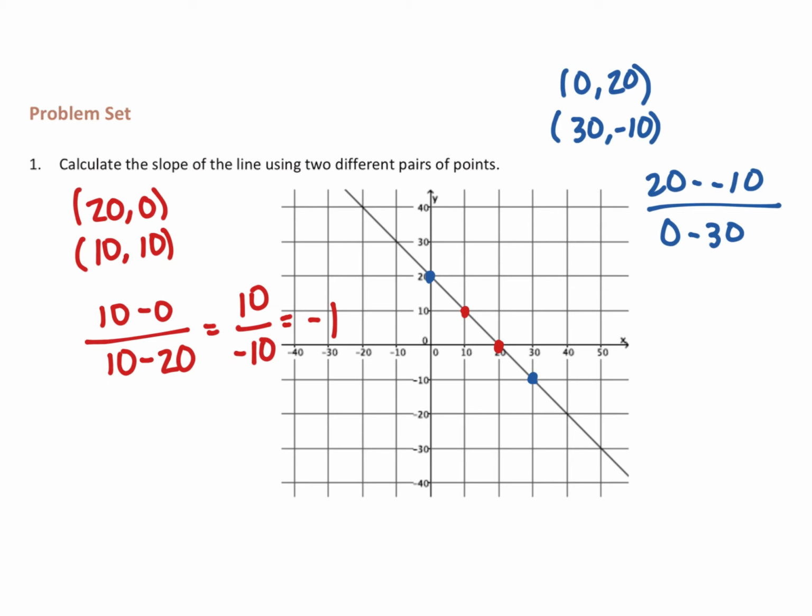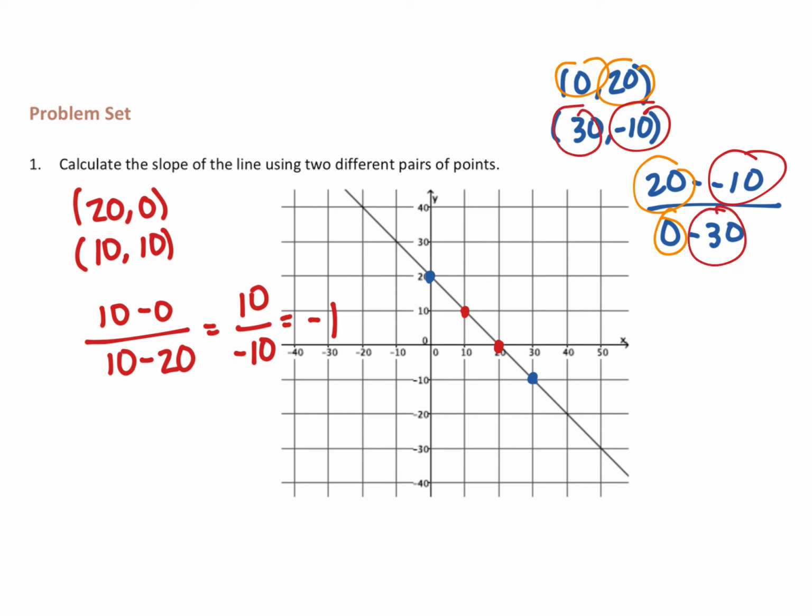So let's look at it like this. Here I have the 20, which is the top value, and then the 0, which is also in the top point. And then I'm subtracting the negative 10, which is the y value in the bottom point, and then the 30, which is the x value in the bottom point.